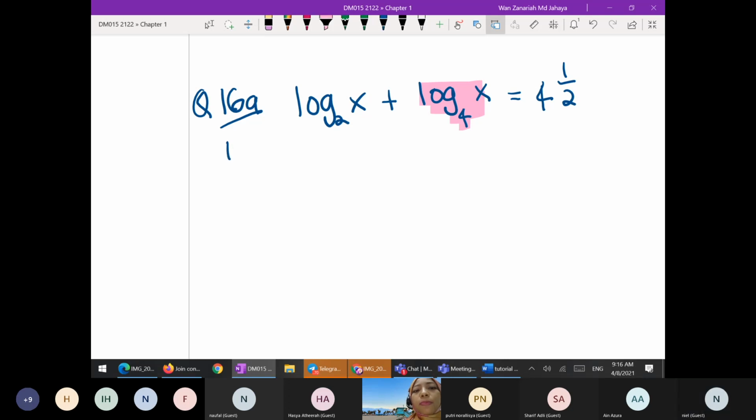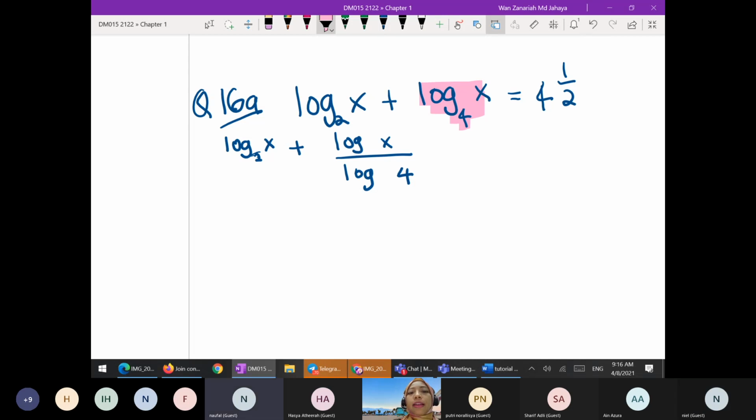Equal has to appear once only in any row. So log x base 2 plus, ini kita boleh jadi apa? Log x over log 4. Tapi base berapa? Jangan introduce base 10 sayang, sebab our question consists of base 2, not base 10. Nampak ke tidak?